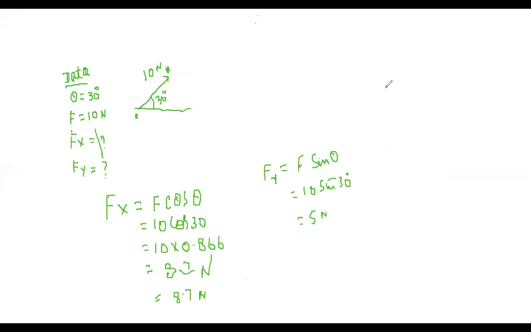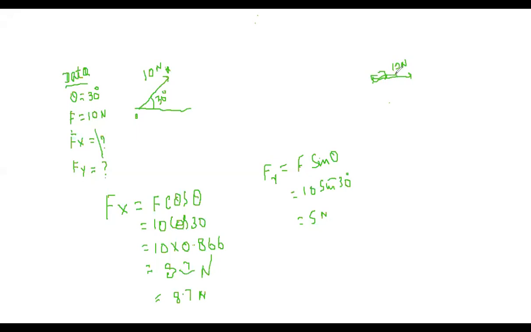This is, for example, a body pulled by two forces, say 10 Newton and another force, say 5 Newton. 5 Newton and 10 Newton are two forces acting on this body in the same direction.